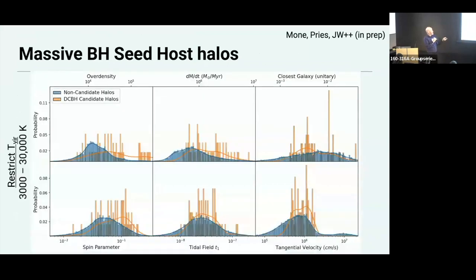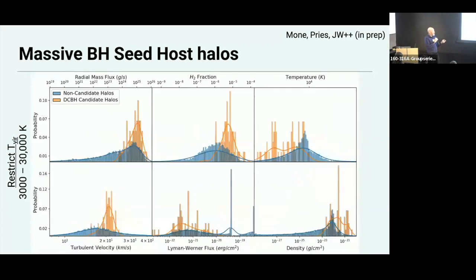In orange here are these candidate halos versus all the other halos that have a virial temperature of 3,000 to 30,000 Kelvin. So we have these 12 quantities here, here, and here. I don't have time. I actually just saw these for the first time last week.